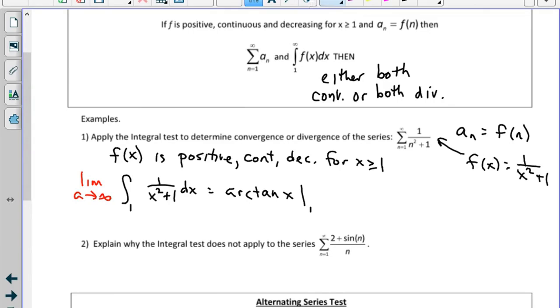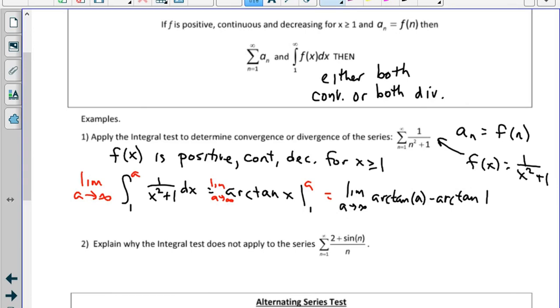So the limit as a approaches infinity of arctangent of a minus arctangent of 1.